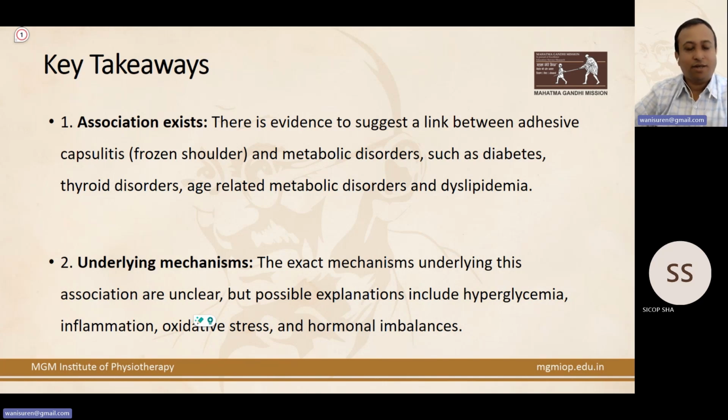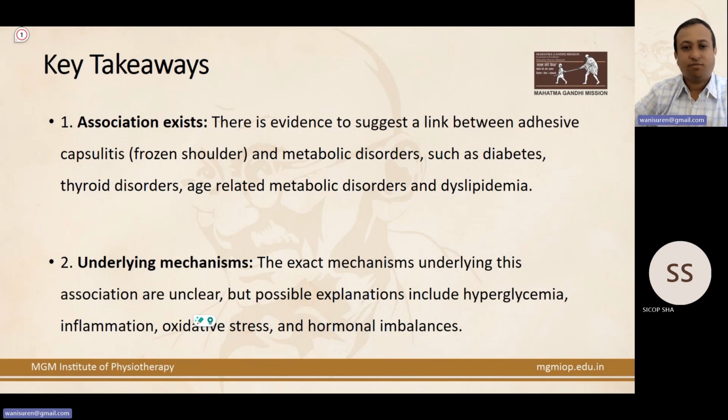Now, at the end of this short lecture, what are the take-home messages we can take from this lecture? First, there is a definite association between the two, that is metabolic disorders, various metabolic disorders like diabetes, thyroid, age-related metabolic disorders, dyslipidemia with the development of adhesive capsulitis.